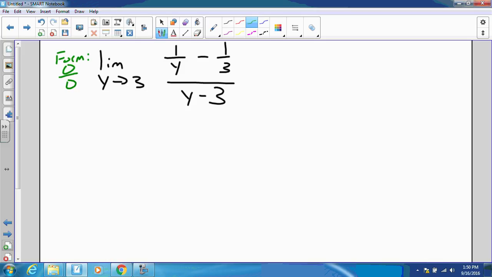There's 2 almost identical ways that we can do that. One is to get a common denominator here, and then rewrite division as multiplying by the reciprocal. My favorite way to do it is to clear the fractions by multiplying top and bottom by the common denominator. And the common denominator here is 3y.